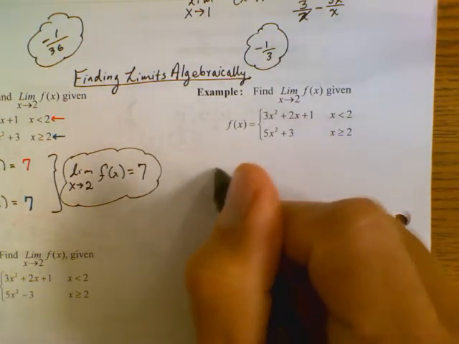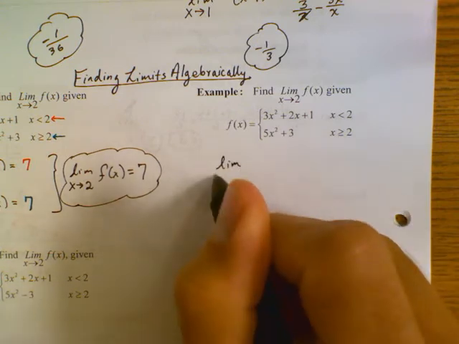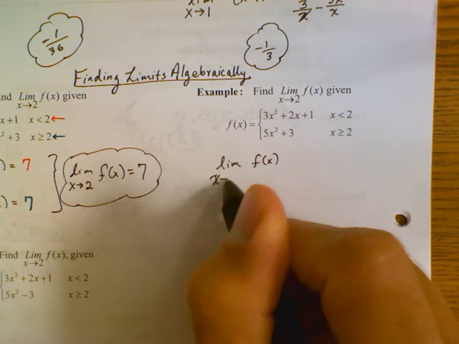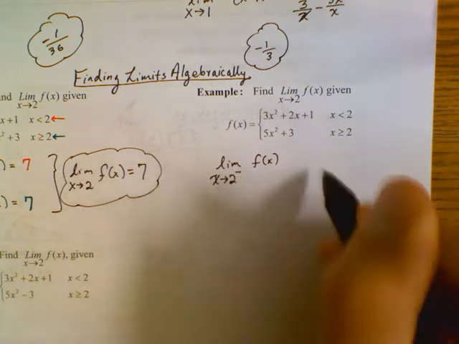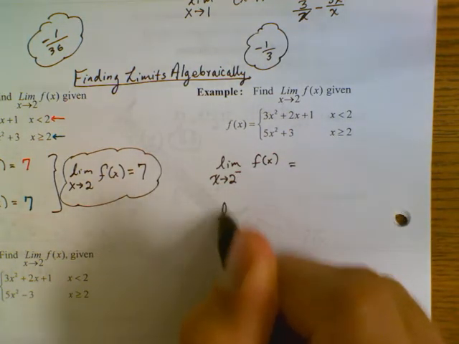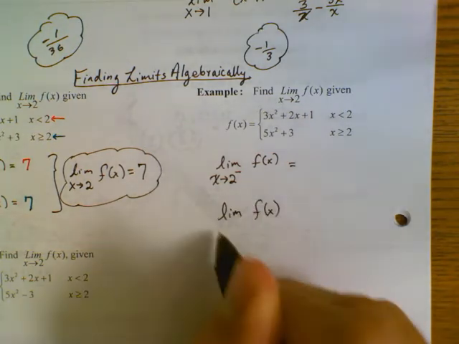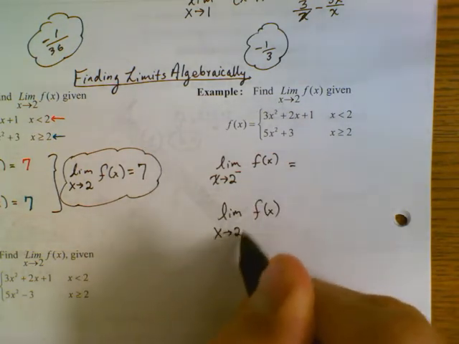So we're going to take the limit of f of x as x approaches 2 from the left, and we're also going to take the limit of f of x as x approaches 2 from the right.